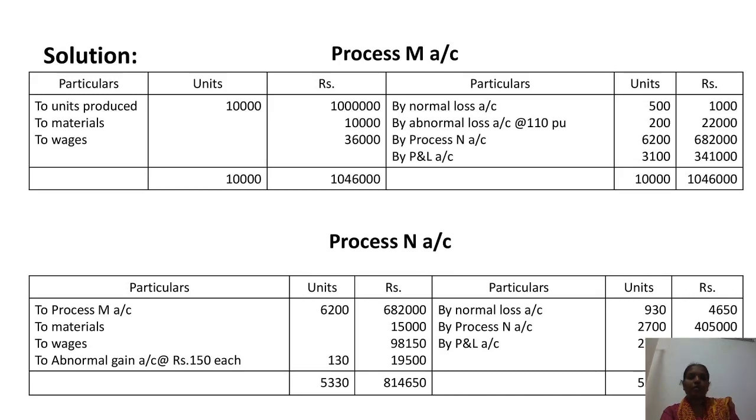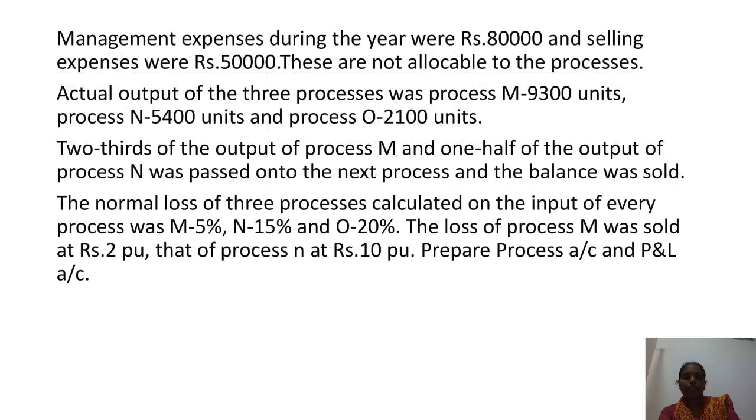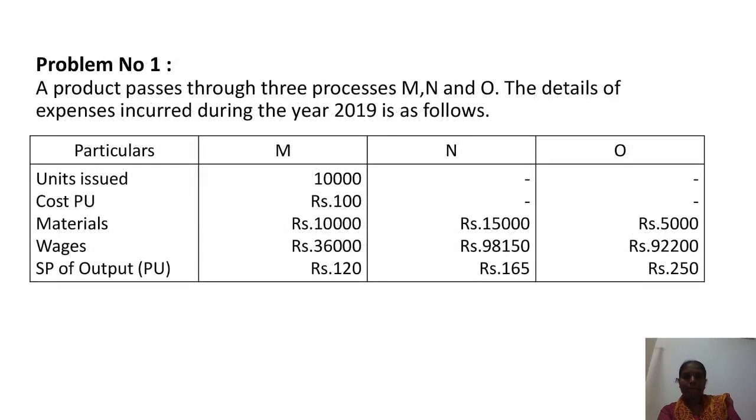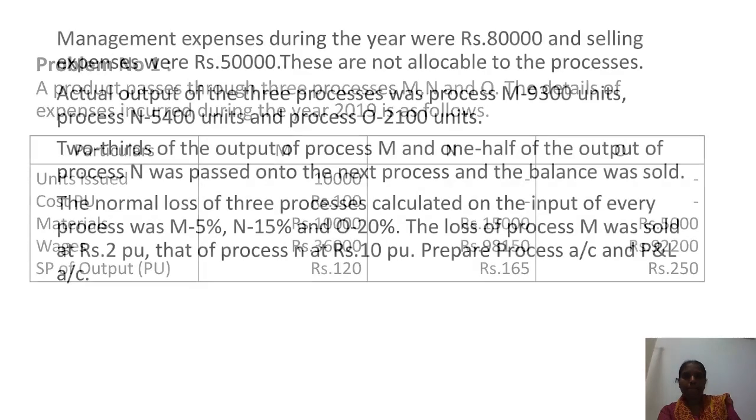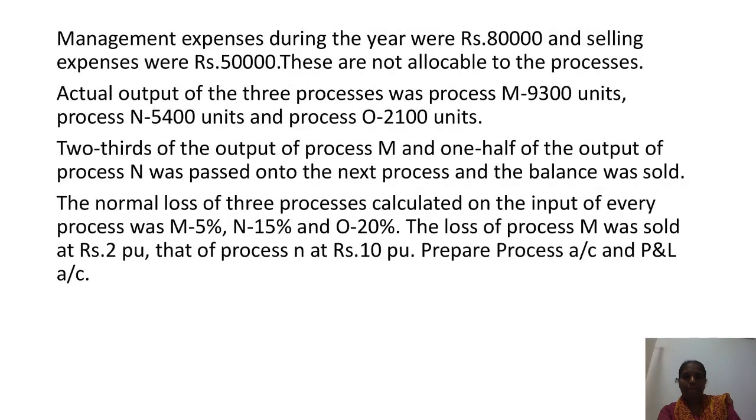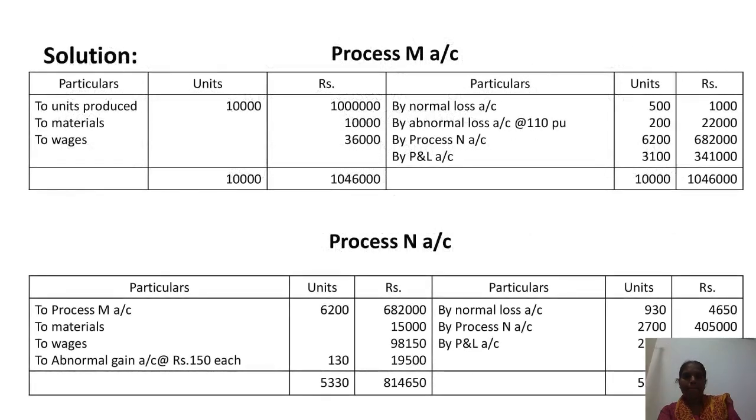That amount should be multiplied by 110. We have to divide that by 200 number of units. We get 110. So 110 into 200, we get 22,000.